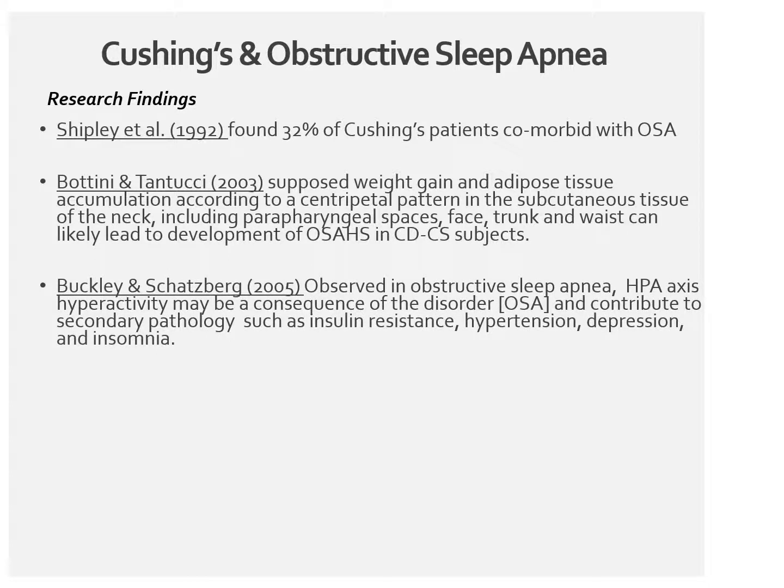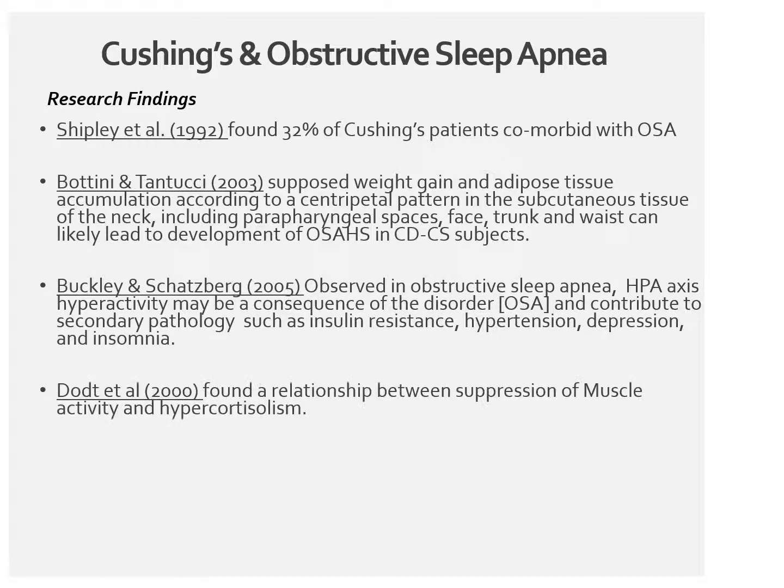And then in 2005, Buckley and Schatzberg observed that in obstructive sleep apnea, the HPA axis becomes hyperactivated. So obstructive sleep apnea can cause a Cushing syndrome, and a Cushing syndrome and disease can cause obstructive sleep apnea. They can go hand in hand, so we want to really start to differentiate between the two.